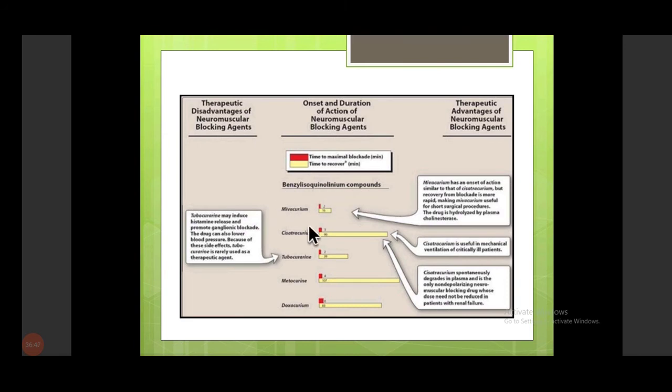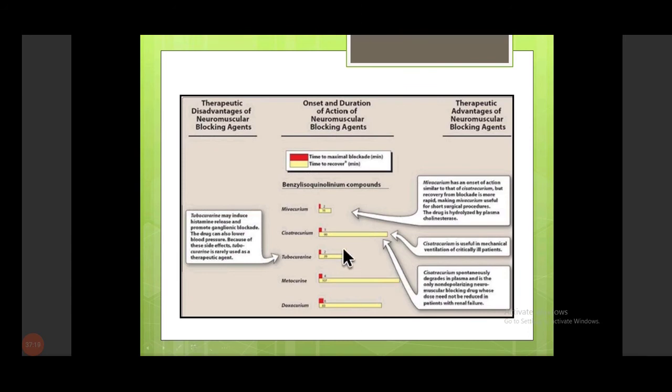So we can see in case of mivacurium that the time to onset is approximately 2 minutes and time to recovery is 16 minutes. So basically, it is a shorter acting derivative. Within a span of 16 minutes, the effect of this skeletal muscle relaxant has gone off, making it ideal for short surgical procedures.